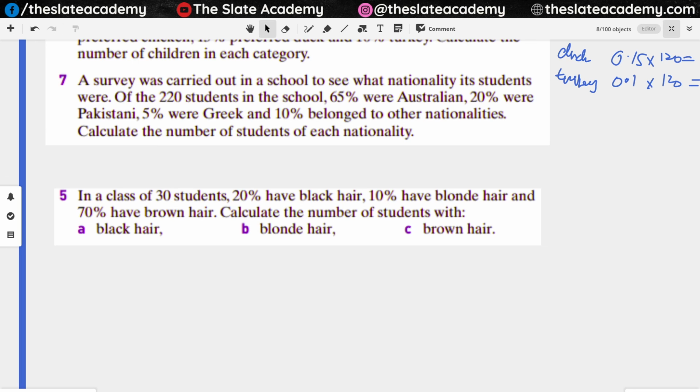6 have black hair, 3 would have blonde, 6 plus 3 is 9. 21 would have brown hair. All right, easy question. Let's see if the next one is a bit more challenging.